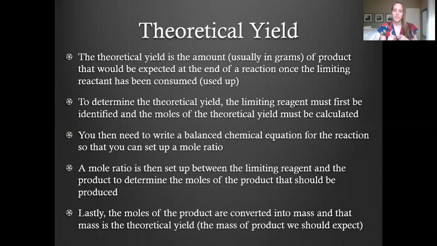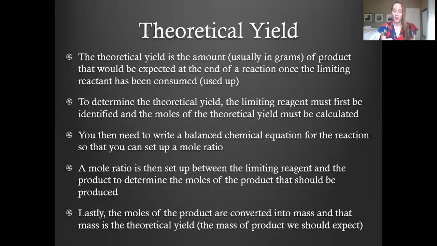But once you have the limiting reagent, then you will just use the mole ratio to figure out the amount of product. And then the moles of product gets converted into mass using moles equals mass over molar mass. That is the theoretical yield.